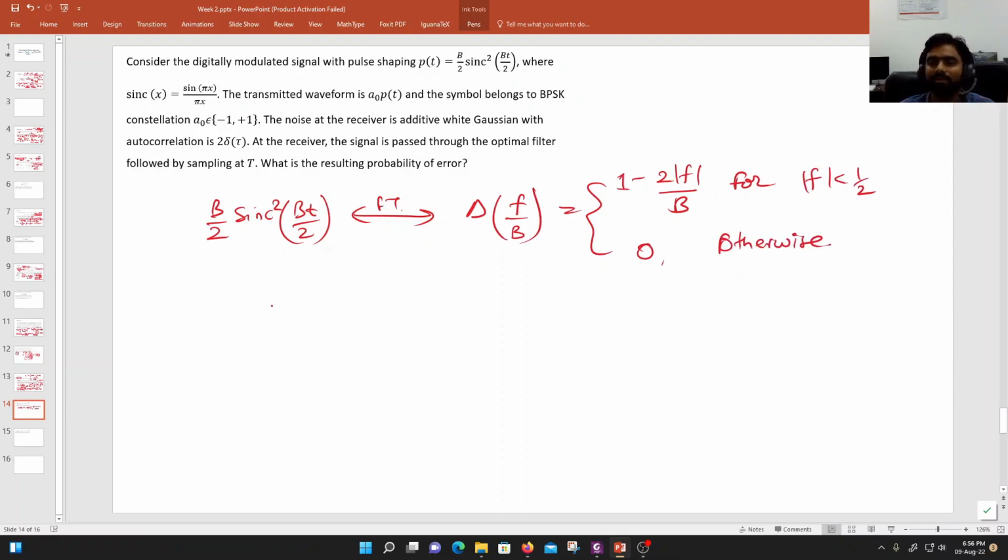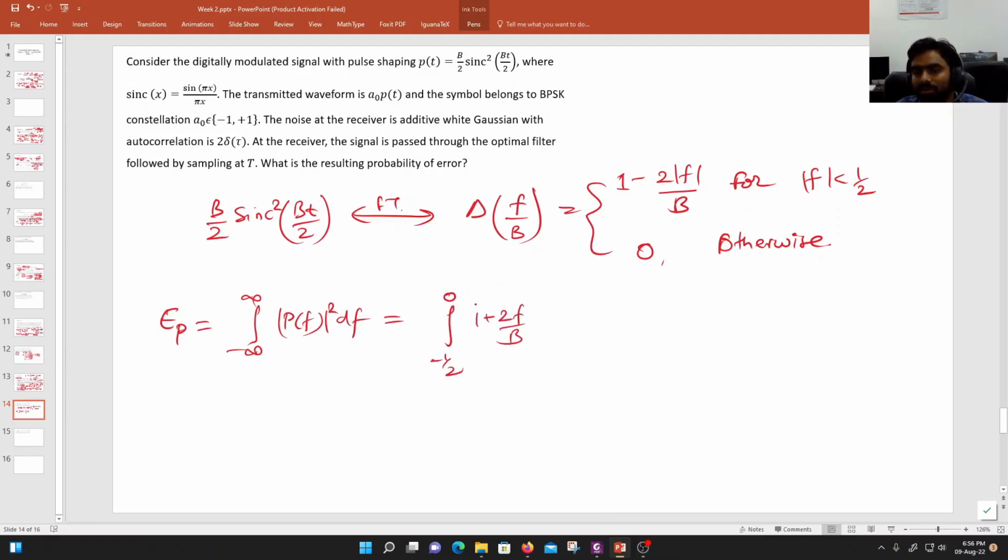Now you can easily find the energy of the pulse, that is minus infinity to infinity E of f square df, that is from minus half to 0, 1 double square df plus half to 1 minus 2f by b double square df.